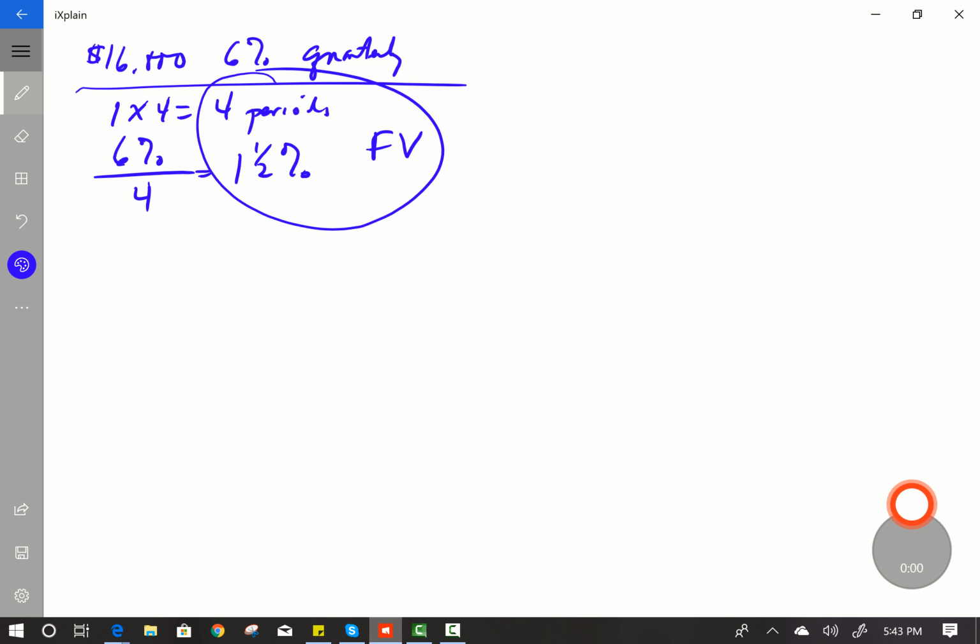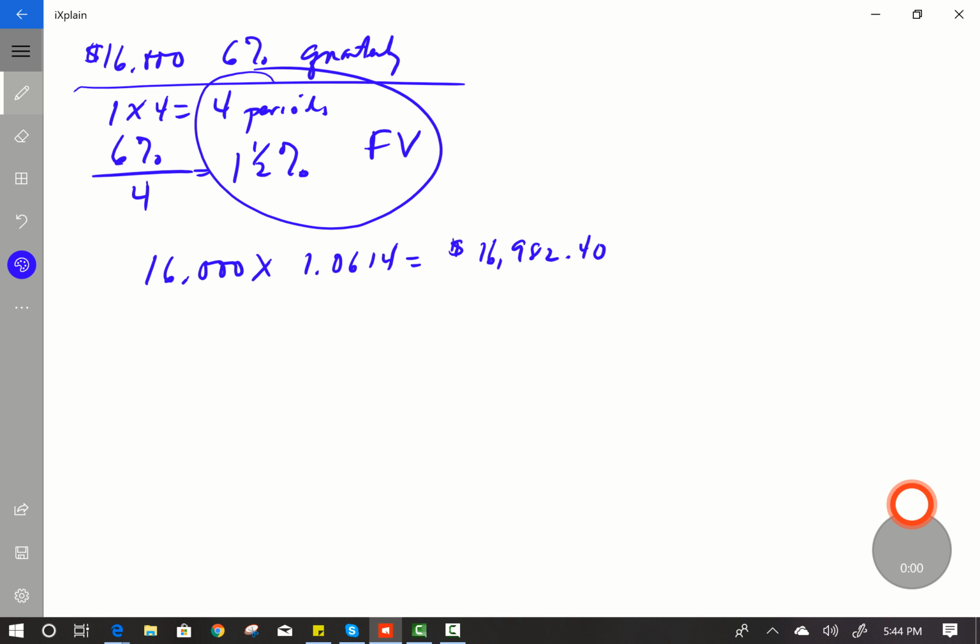Take that times the amount of the investment of $16,000, and that will give us a compounded amount, or the future value, of $16,982.40. I'm going to subtract out the amount of the investment of $16,000, and that will give you the interest of $982.40.